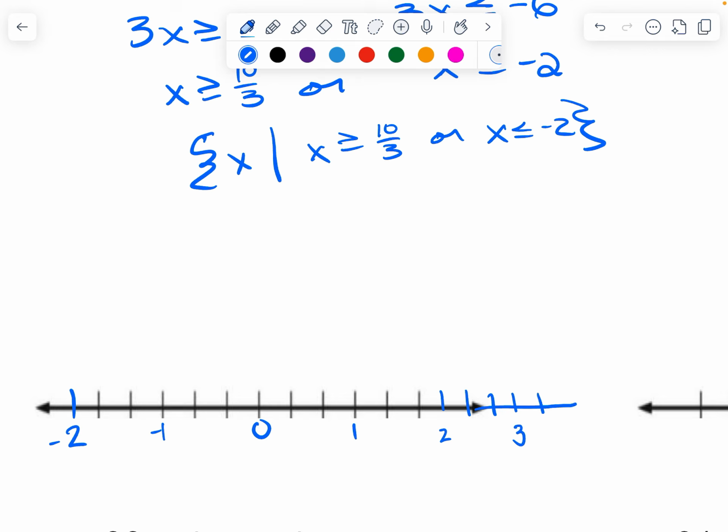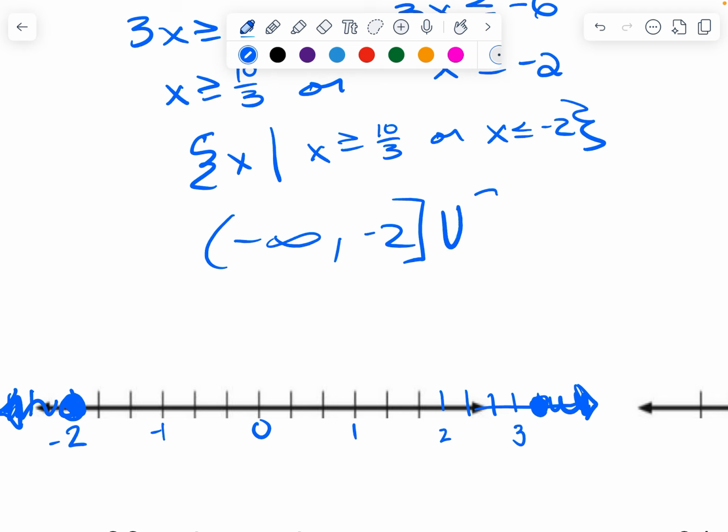Okay, so it's greater than here, and it's, oh, I should, less than here. So -infinity to -2, including, union, 10/3 to positive infinity.